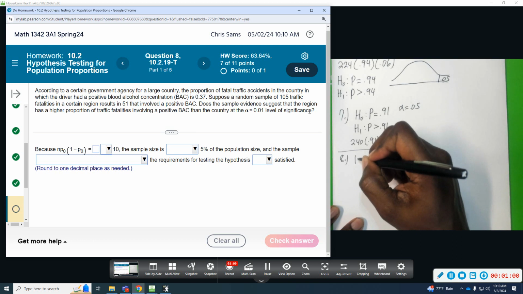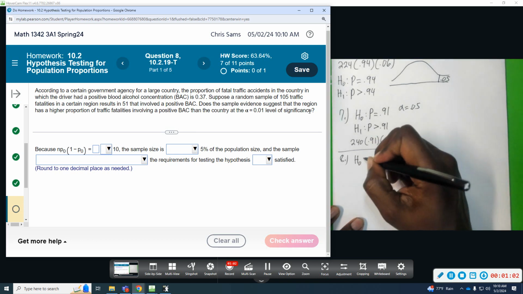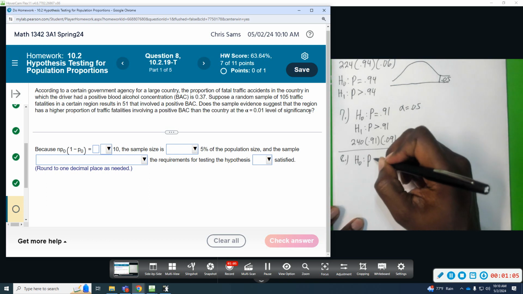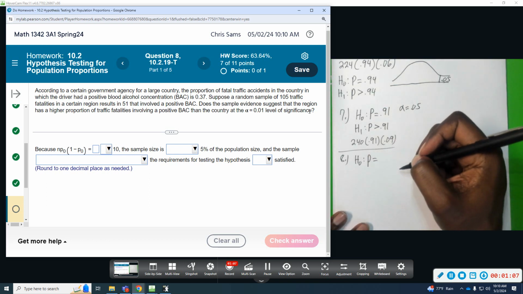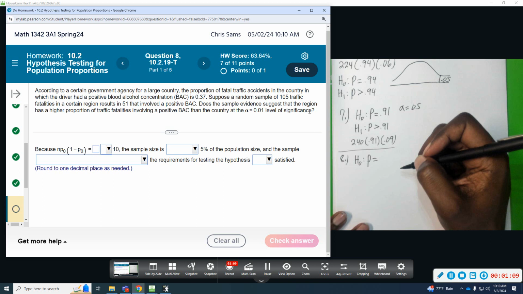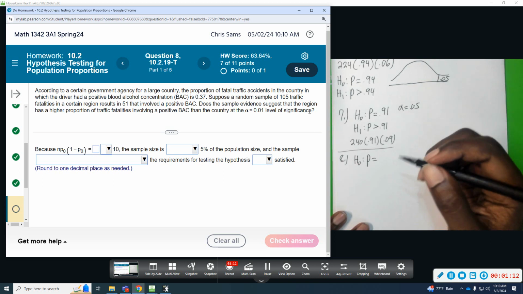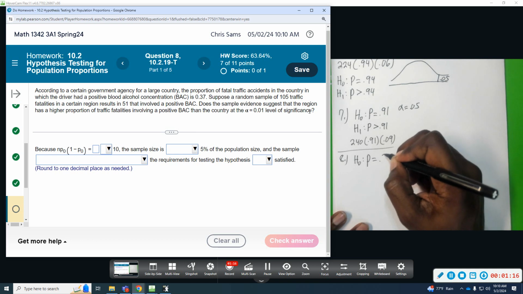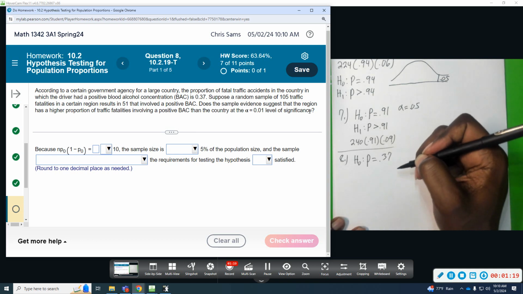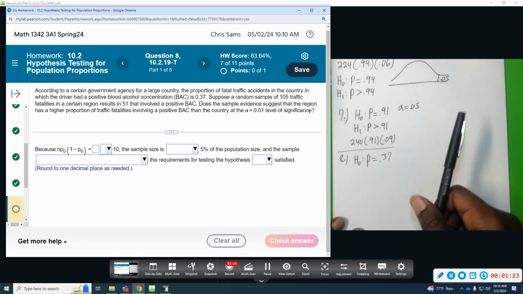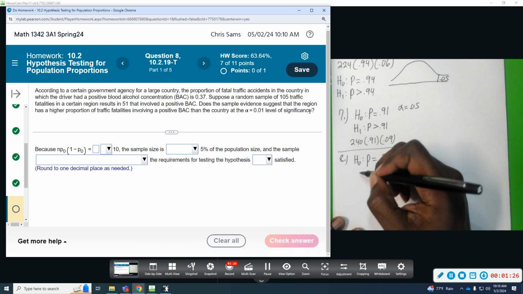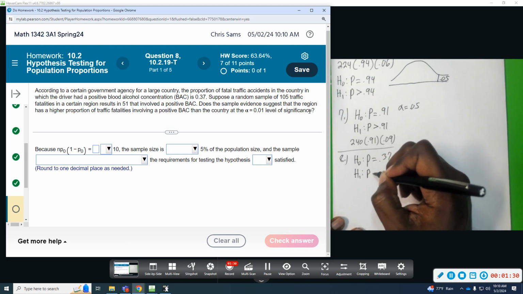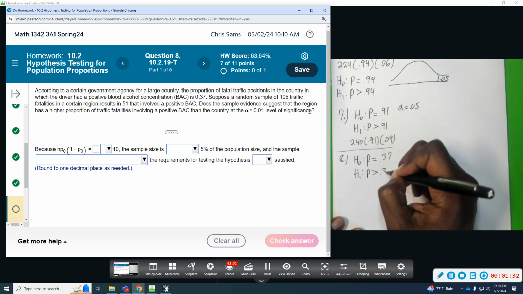So our null would be the proportion is equal to 0.37, versus the alternative. We want to know if it is higher, so the alternative is P greater than 0.37.